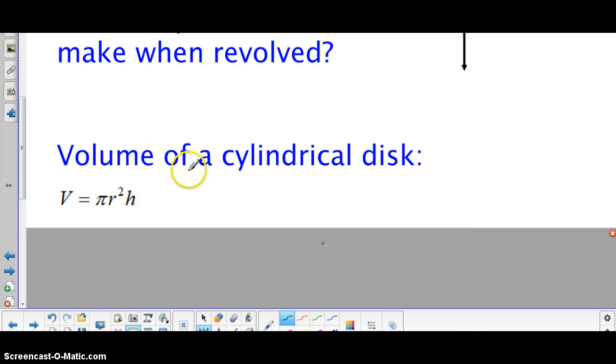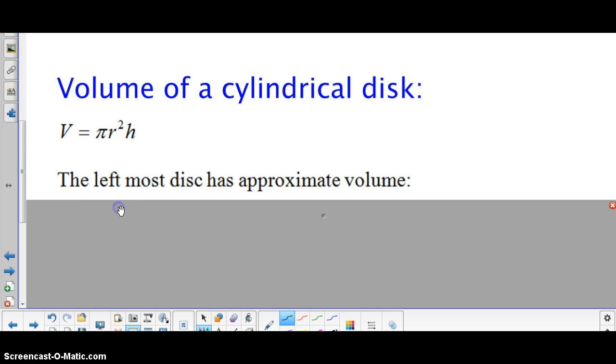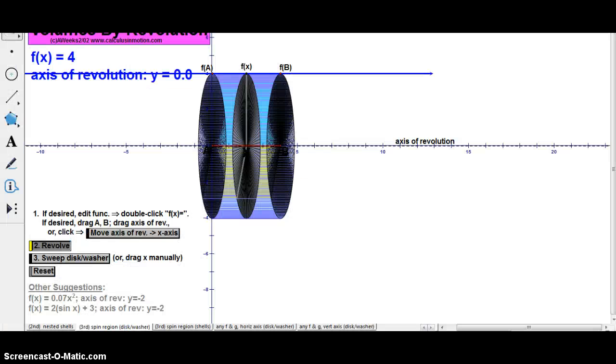So the volume of a cylindrical disc would be volume equals pi r squared h. If we think of just the leftmost disc that has approximate volume, again I'll pull this up.